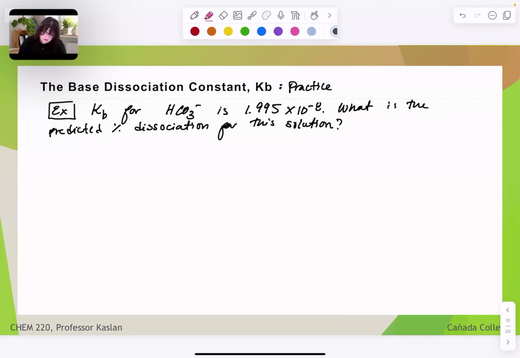So what on earth does that mean? Let's try to figure it out. What is the predicted percent dissociation?